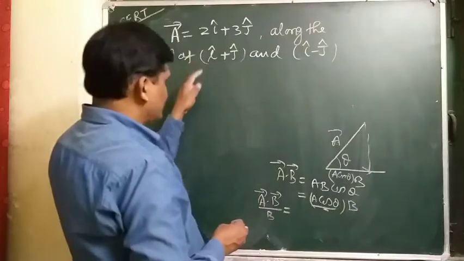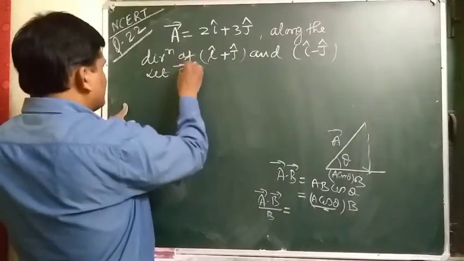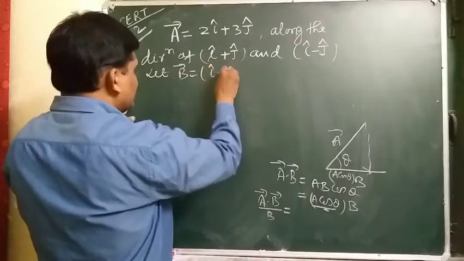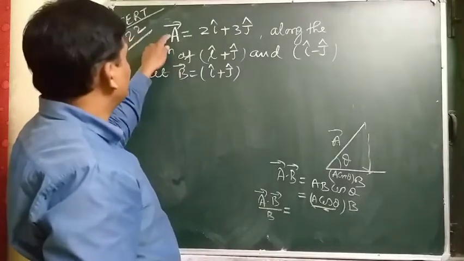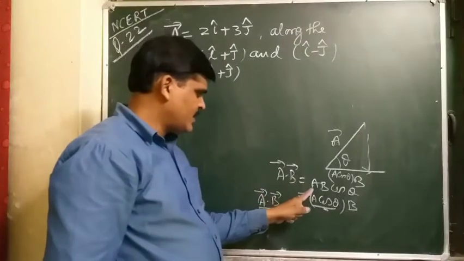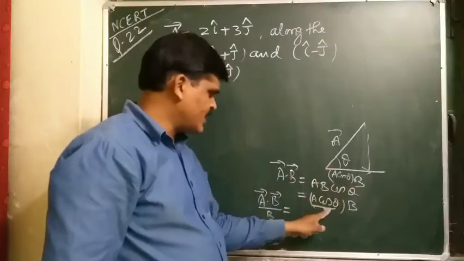Let vector b equal i cap plus j cap in the first case. We have to find the component of a in the direction of b, which is a cos theta.